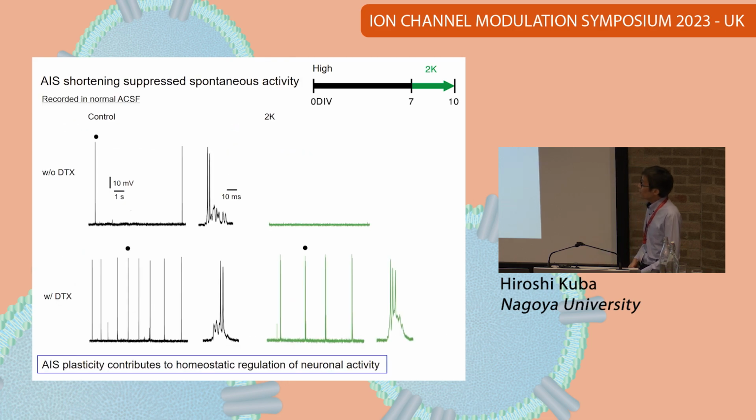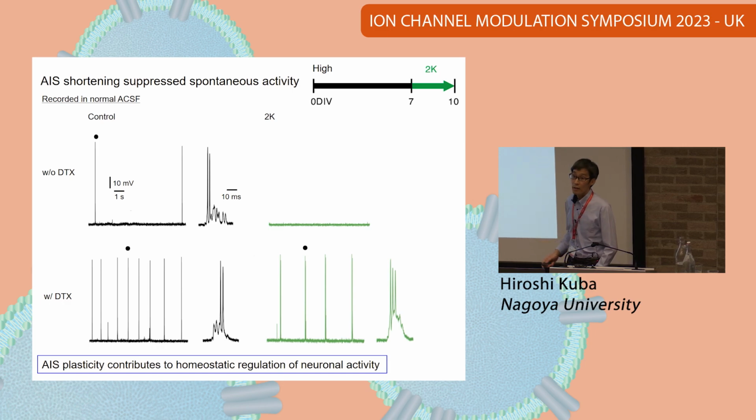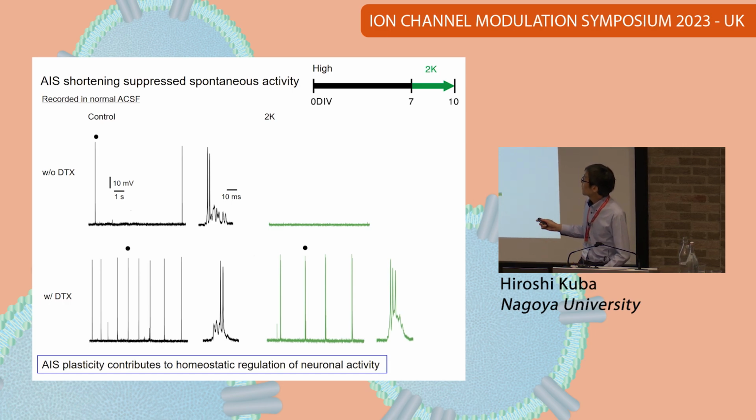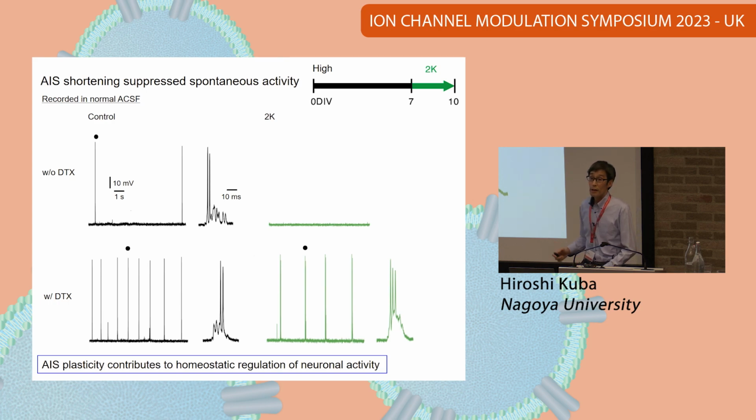So we next recorded spontaneous activities under current clamp, and you can see burst-like activities were prominent in control, but not after the high potassium treatment. And this tendency remained even after the blockade of potassium current with dendrotoxin.